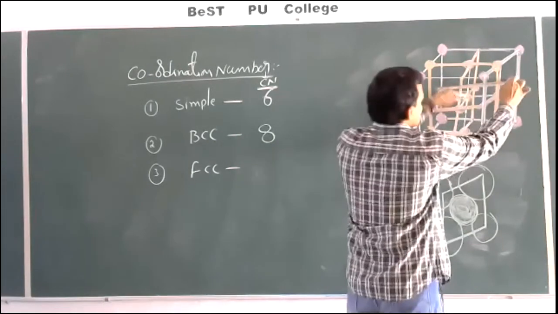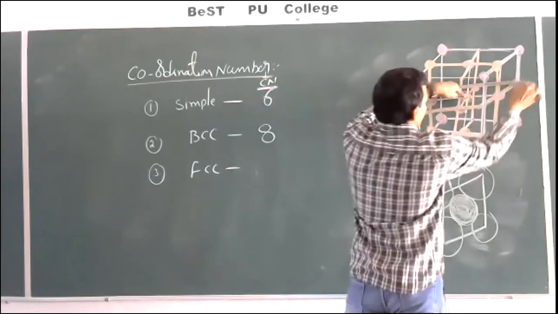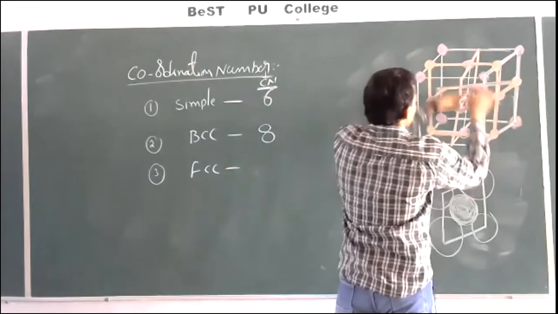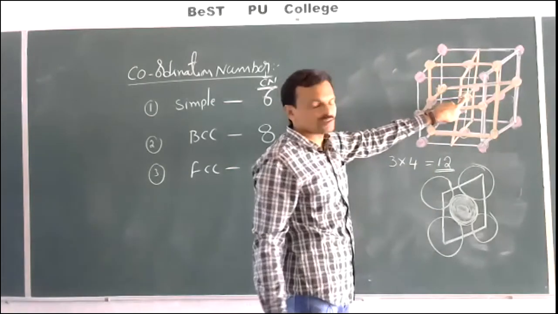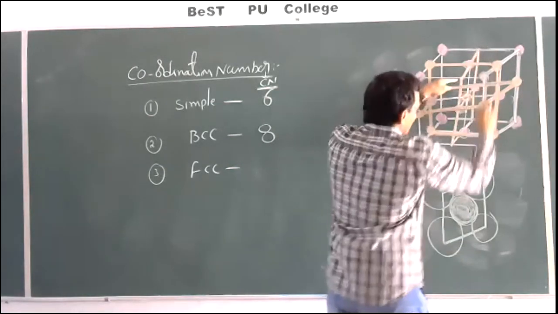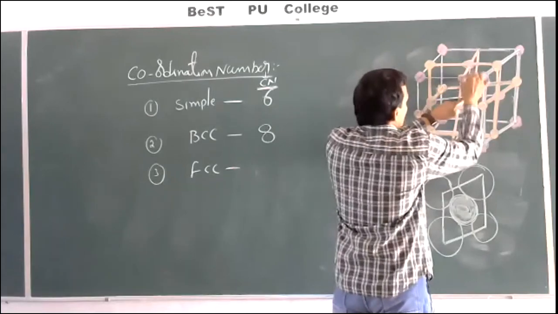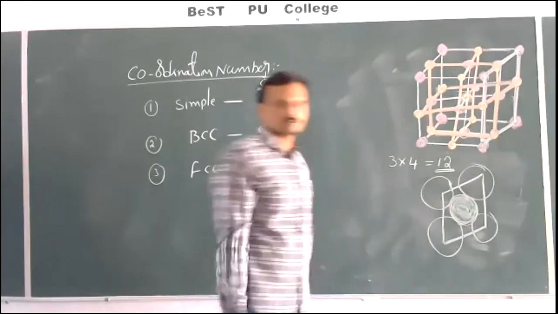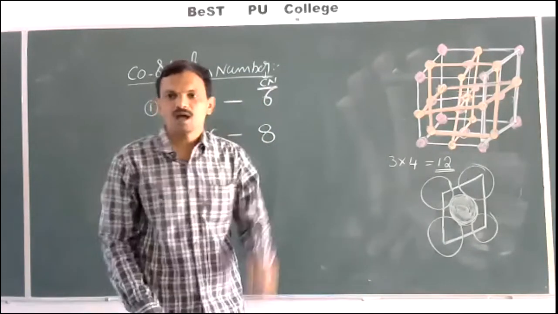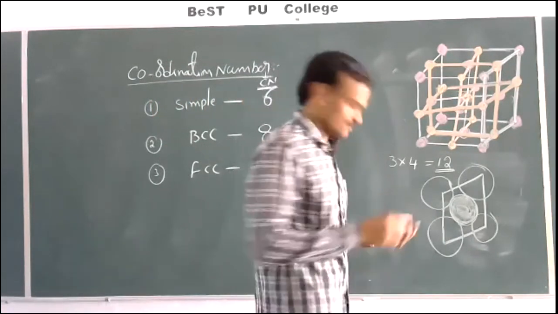Now I will select this plane. In this plane it is in contact with 1, 2, 3, 4. Now I will select this plane. In this plane it is in contact with 1, 2, 3, 4. Simply, all 12 edge centers.